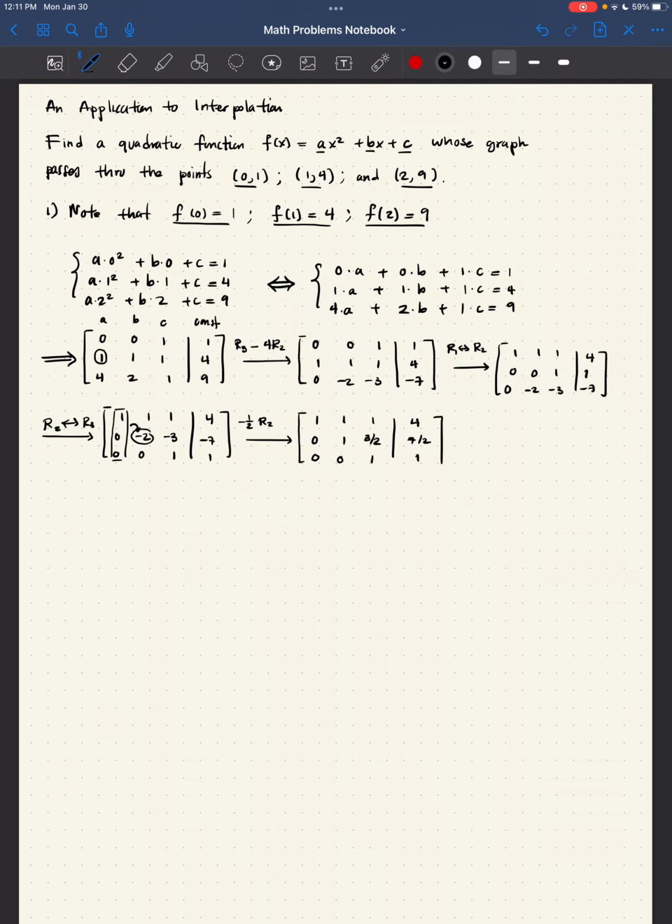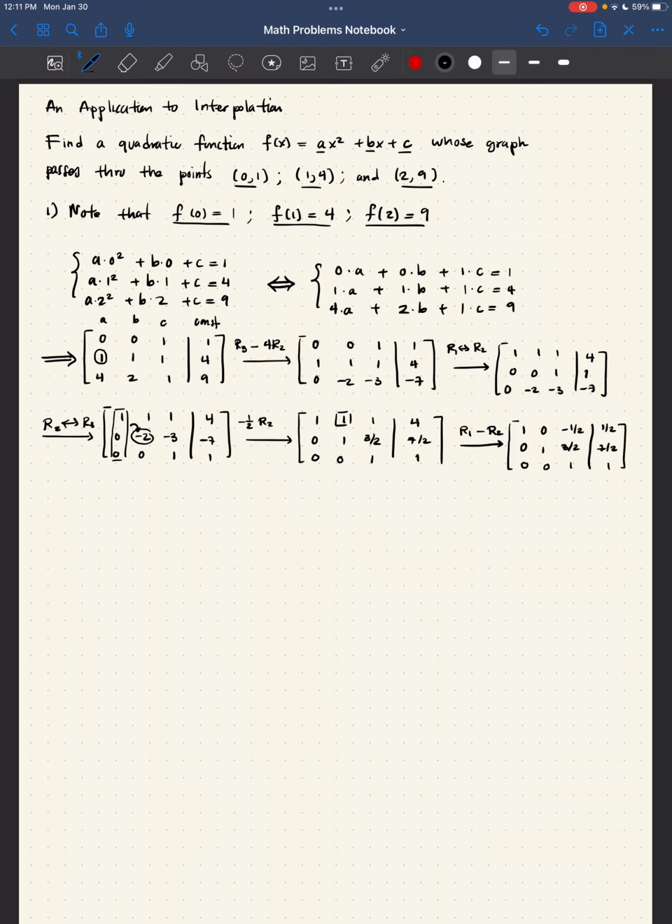Okay, next operation. I still need to eliminate this entry, and I'll do it by a simple subtraction. I take row number 1, subtract row number 2, and we get 1, 0, negative 1/2, 1/2, then 0, 1, 3/2, 7/2, and 0, 0, 1, 1.